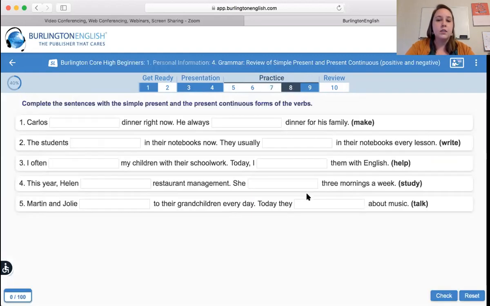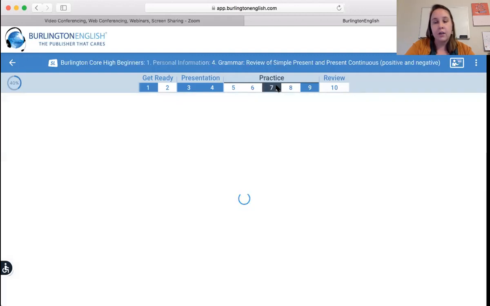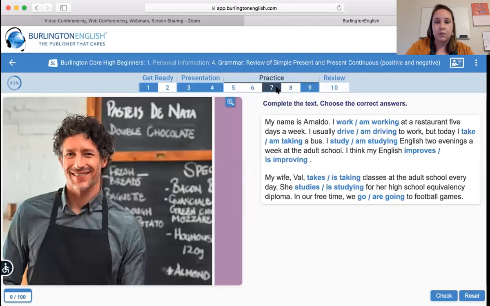Number 8, you're going to write it yourself. So you're not choosing it this time, you're writing it yourself. The verb is at the end. After you do each of these, make sure you check. So after you write all of these, check your answers. The same with the other ones. So for number 7, after you choose them, check your answers.